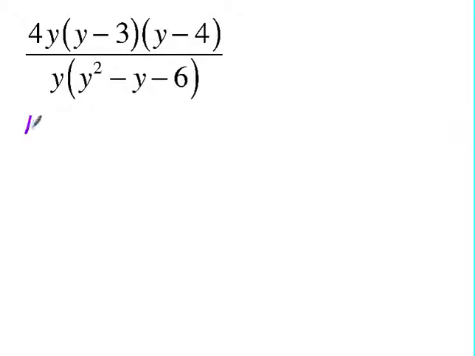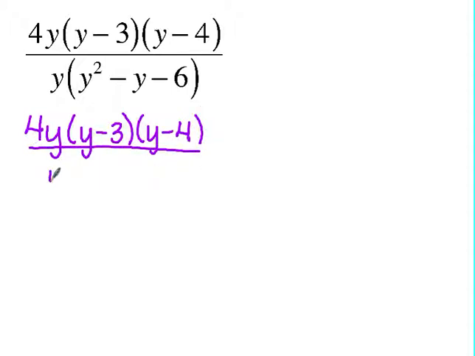Nope. I leave it alone. It's already in factored form. So I can't do anything with the top. What about the bottom? What can I factor? Yep. Y squared minus y minus 6.